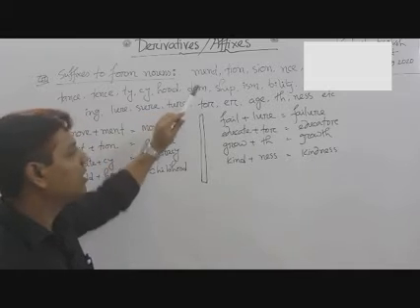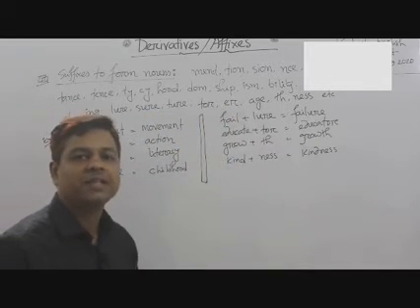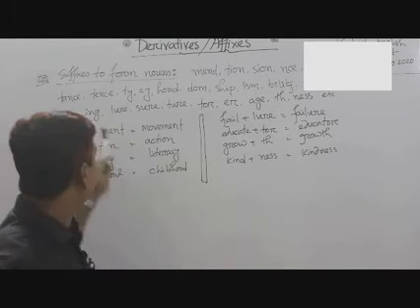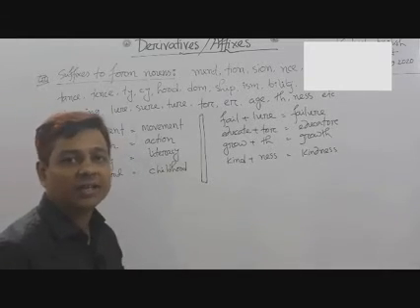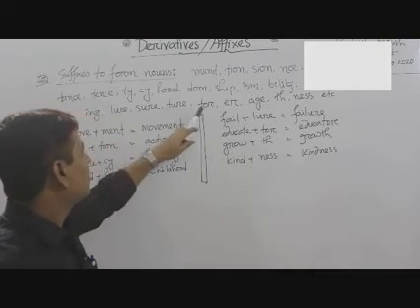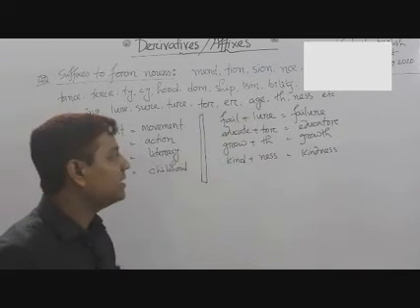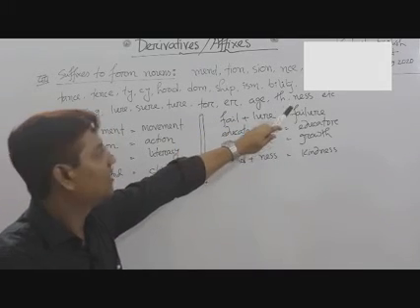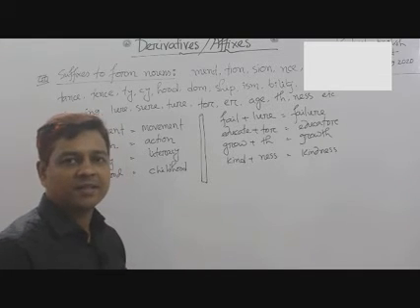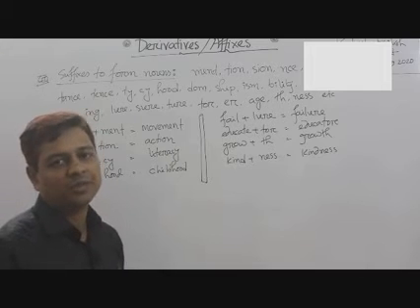cy, hood, dom, ship, ism, bility, ure, sure, ture, tor, age, th, ness, etc. That means there are unlimited suffixes to form nouns.